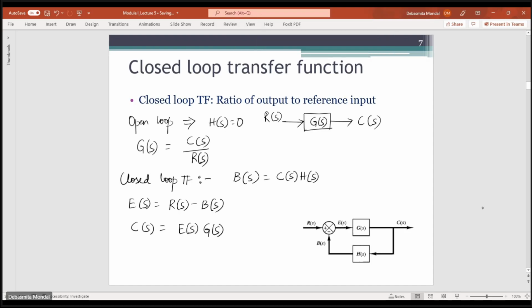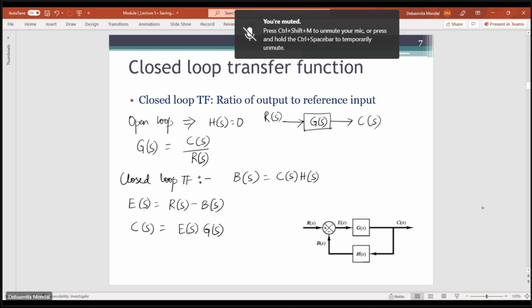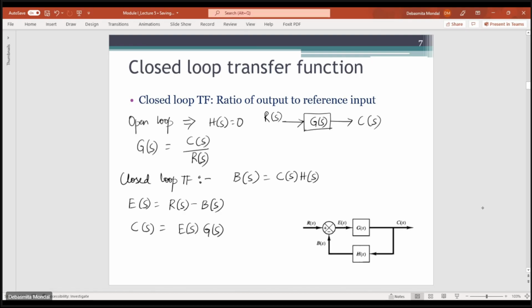Now what we will do is substitute these above equations, and find out the value of C(s) by R(s). So here you substitute: you have G(s) times R(s) minus B(s), and you substitute B(s) with C(s) into H(s).